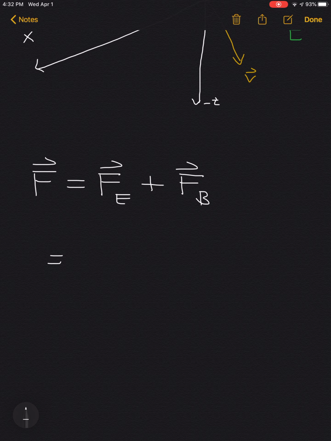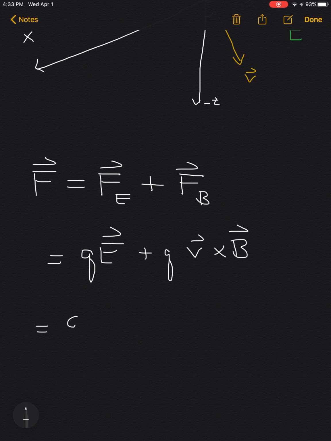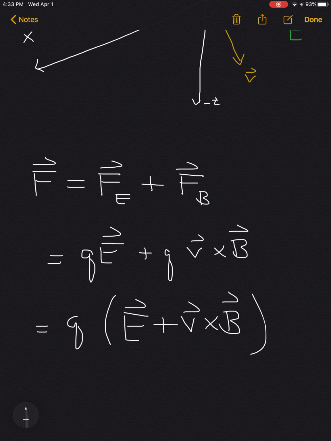When you write those out explicitly, you've got Q times E, the electric field component, plus the charge times V cross B, the magnetic field piece. Factor out the Q, and this is Q times (E plus V cross B).